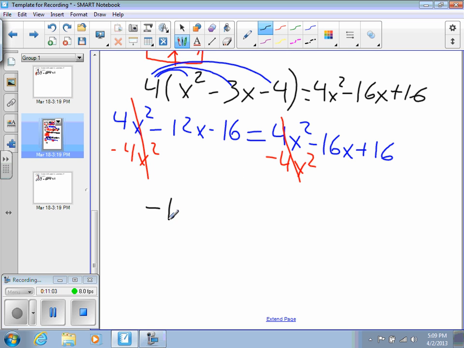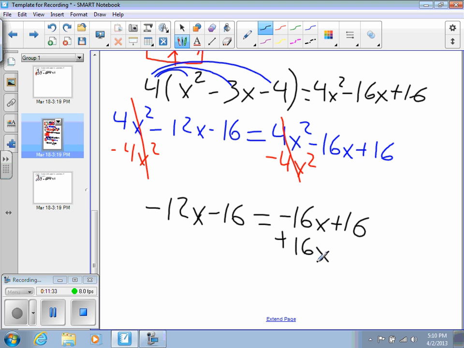I now have negative 12x minus 16. That looks a little more like an x. Equals negative 16x plus 16. Now, which side has more of the variable? Well, as they're both negative, negative 12x is actually larger than negative 16x. So I'm going to add 16x to both sides and gather them both on this side of the equation.